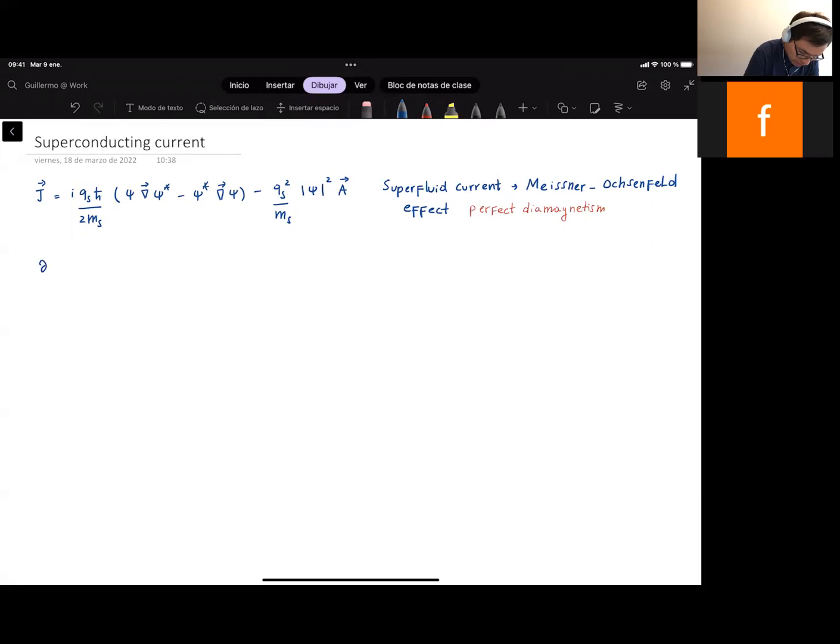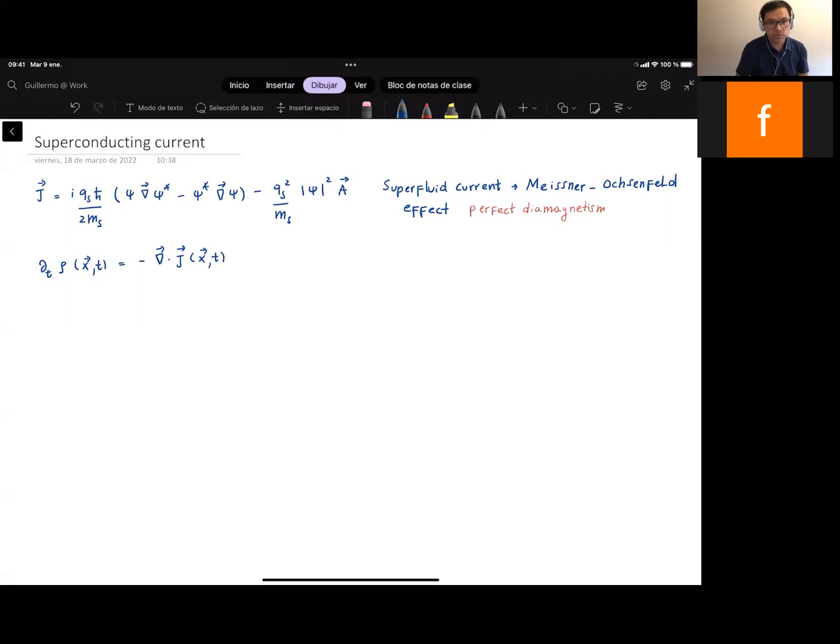Remember that we have the partial derivative of the charge density rho of x, t equals minus the divergence of this superconducting current.